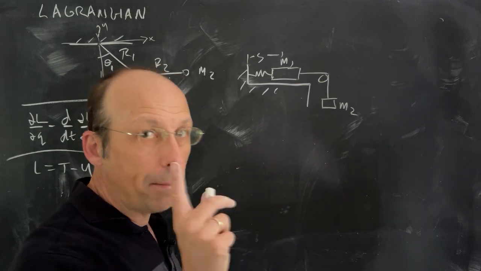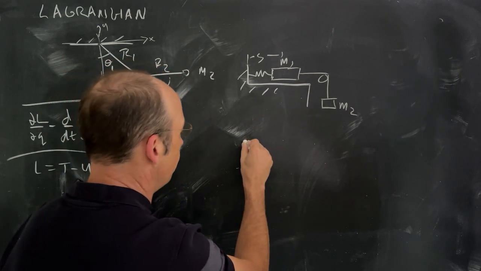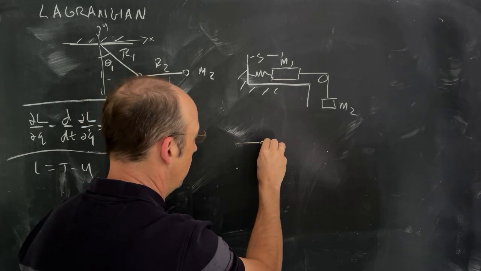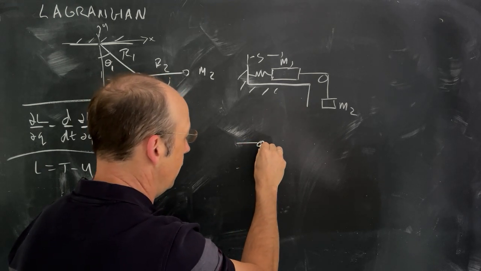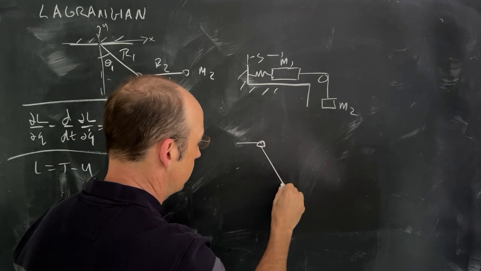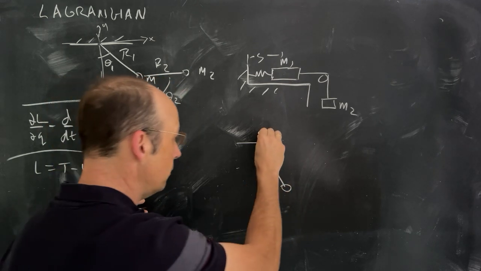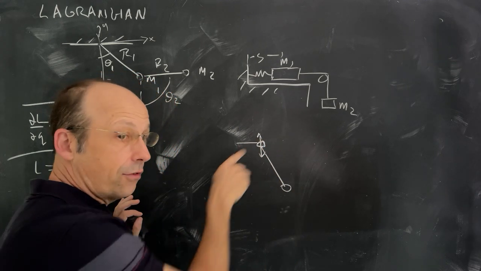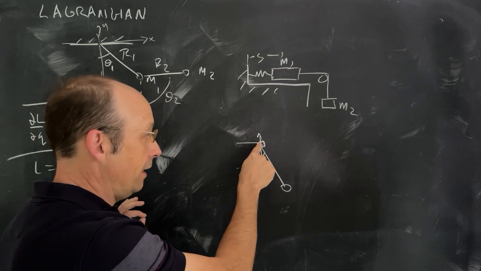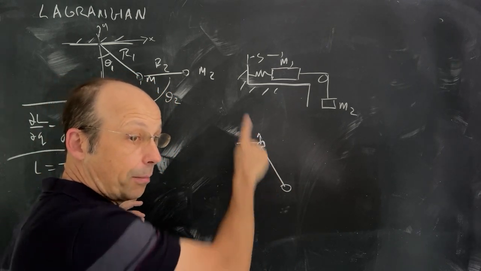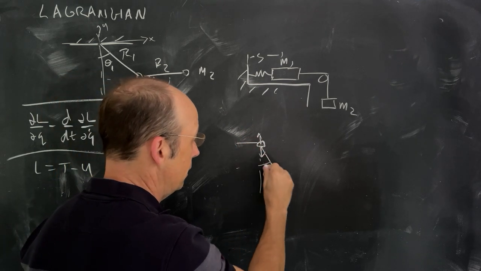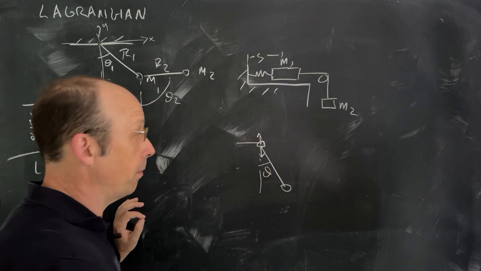Let me set up one more example because I do like this one, and I will do this one later. So imagine that I have a pendulum that looks like this. So here, this is called a jiggle pendulum. So it's connected to this point right here, but this thing can oscillate up and down like that. Okay, and then this is theta. And I will do this problem because it's one of my favorites.